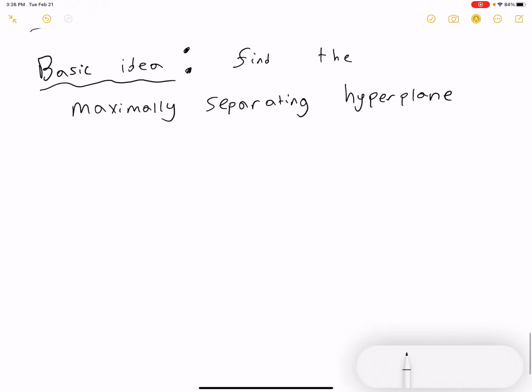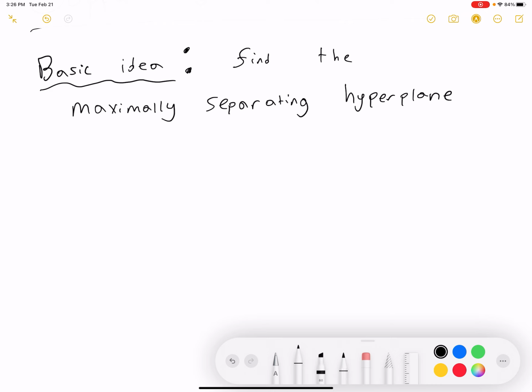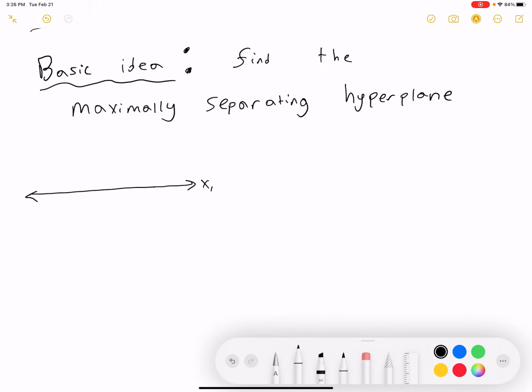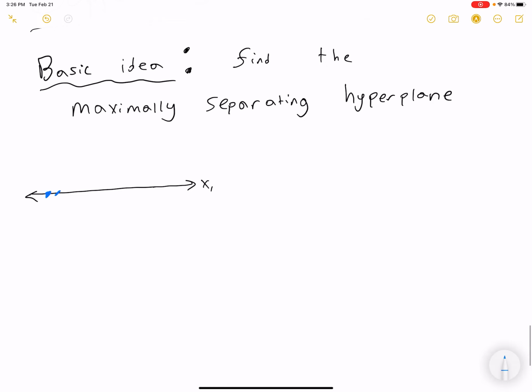So in one dimension, where we just have x1, we had some points here in one class and some points here in another class.